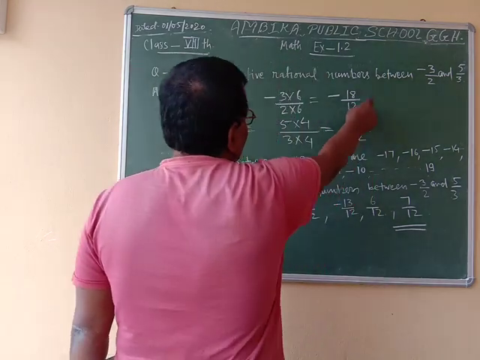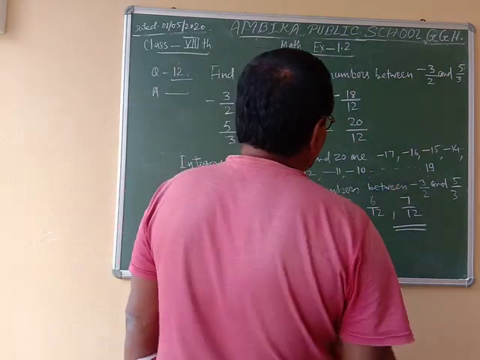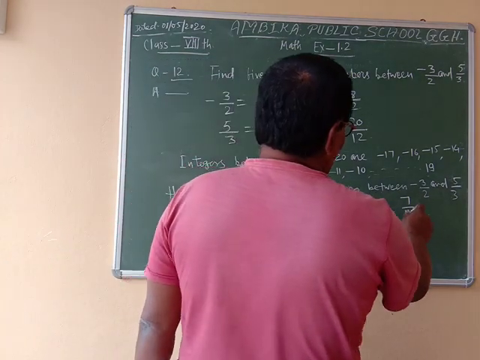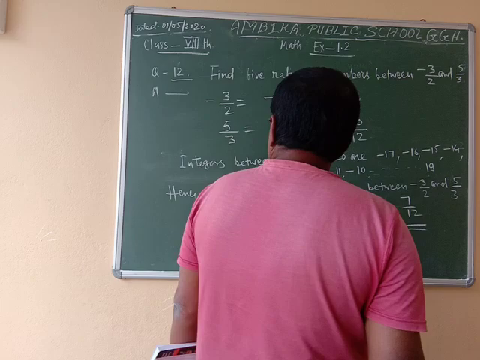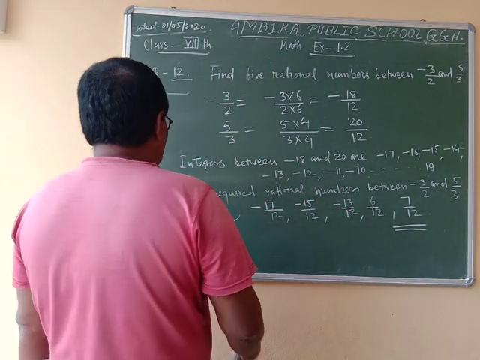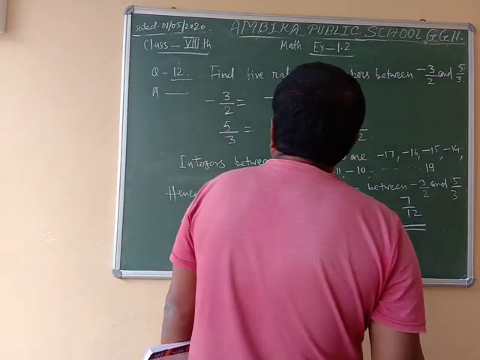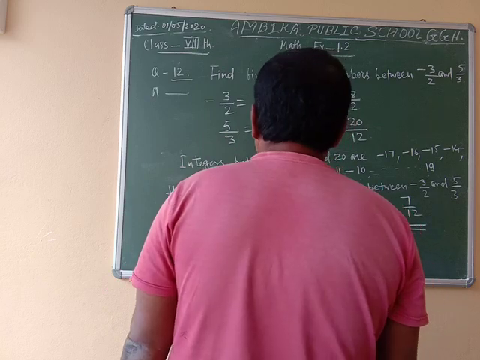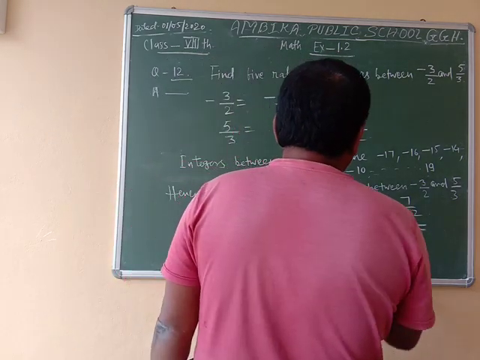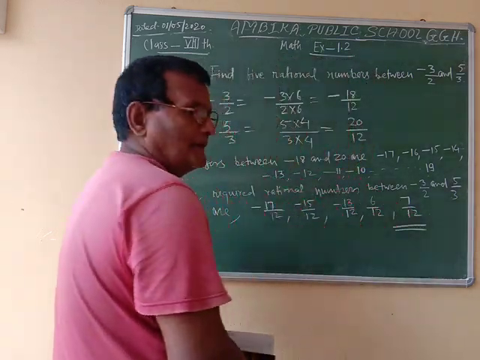Here integers between minus 18 and 20 are minus 17, minus 16, minus 15, minus 14, minus 13 and so on till 19. We have to write only 5 rational numbers, so the required rational numbers between minus 3 by 2 and 5 by 3 are minus 17 by 12, minus 15 by 12, minus 13 by 12, minus 6 by 12 and 7 by 12.